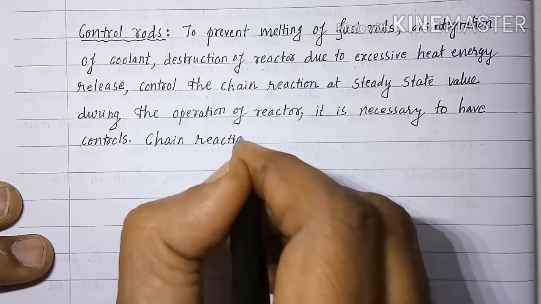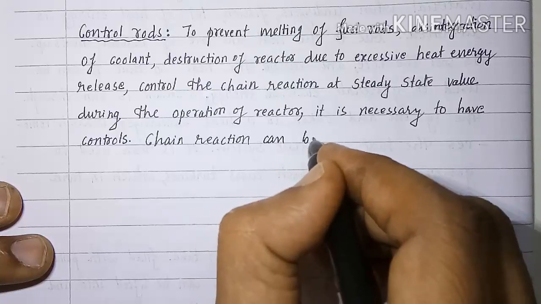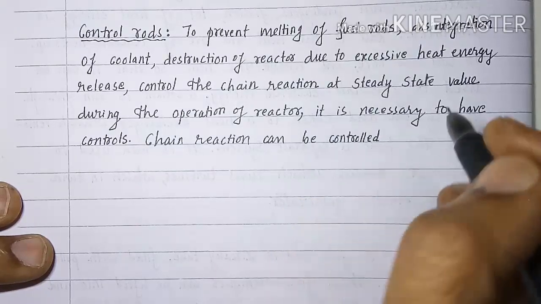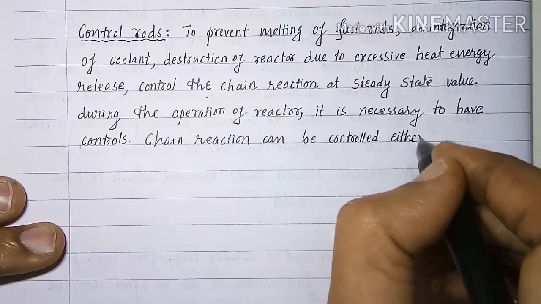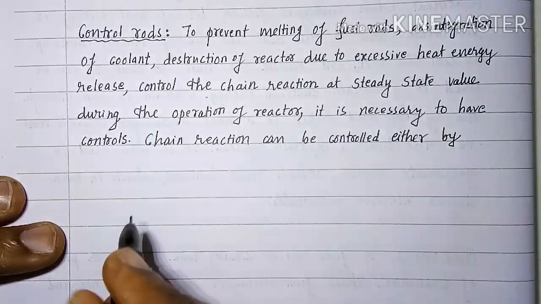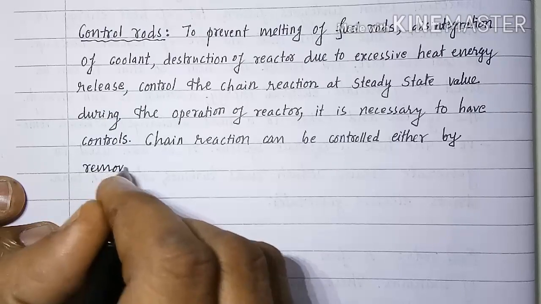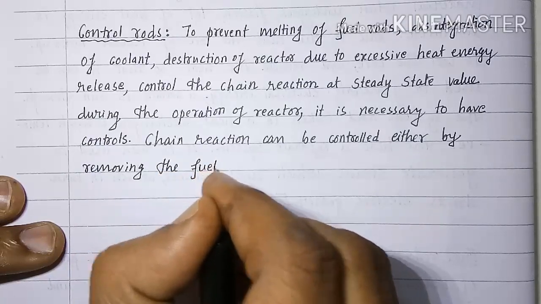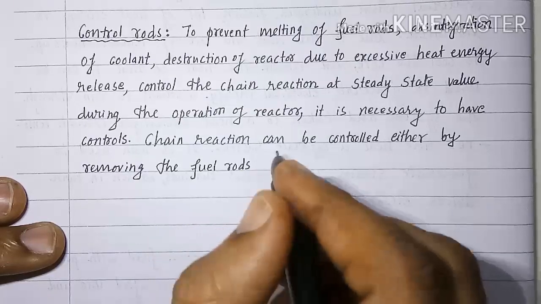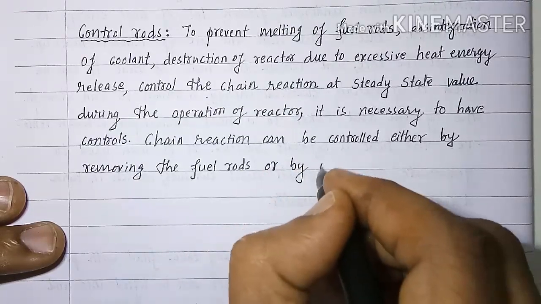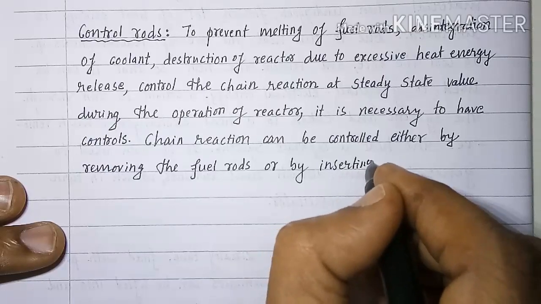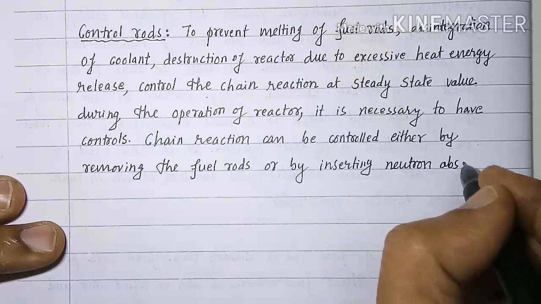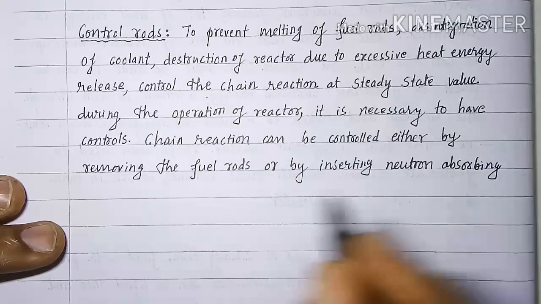Chain reaction can be controlled either by removing the fuel rods or by inserting neutron absorbing material.